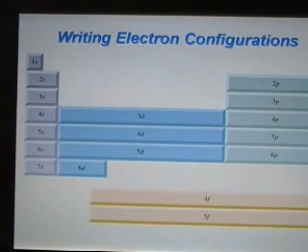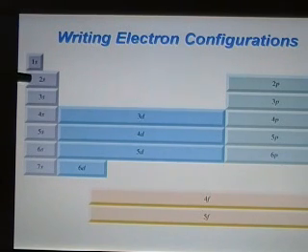Helium is the second atom on the periodic table. Therefore, it should have an electron configuration of 1s2. By the time you have 1s2, the 1s orbital is completely filled. So now we must start filling the 2s.